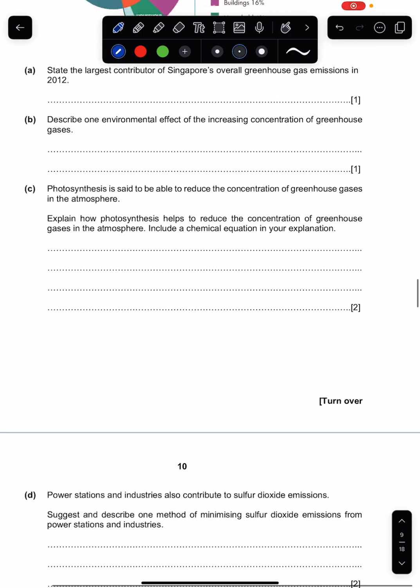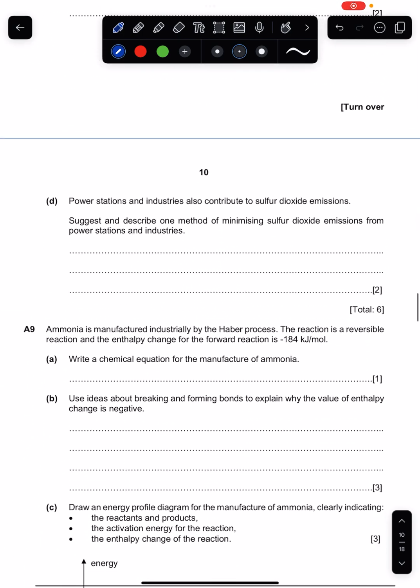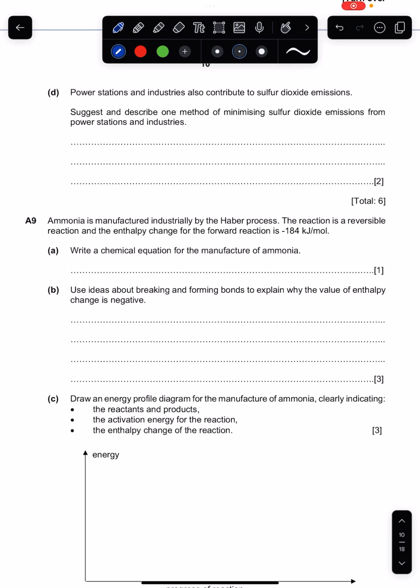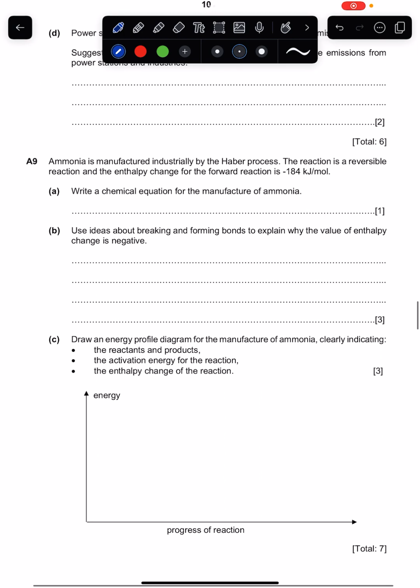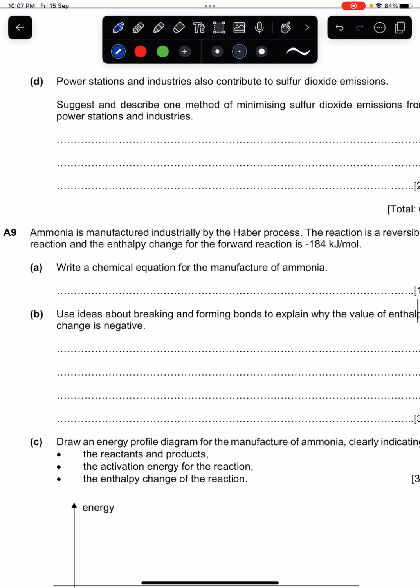Whoa, okay, this one we haven't learned it yet. Ammonia. But we will ask you the equation to manufacture this, the Haber process. So you need to know it is N2 plus H2, reversible arrow, NH3. And balance it, 2 and 3.